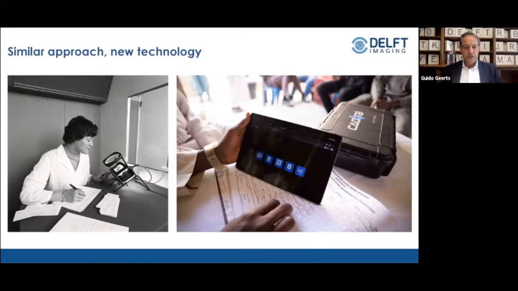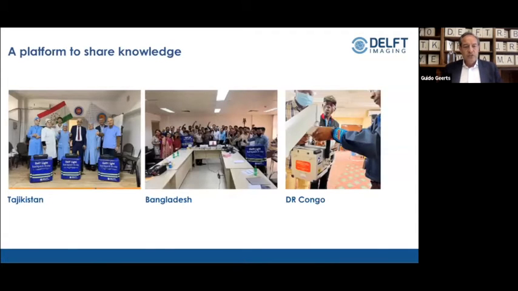Next slide, please. So this technique of backpack X-ray, so very portable X-ray machines, and CAD for TB, we have a lot of experience already for several years now, but it wasn't until the WHO acknowledged this in their new guidelines 2 years ago that it really expanded in an extremely rapid way.